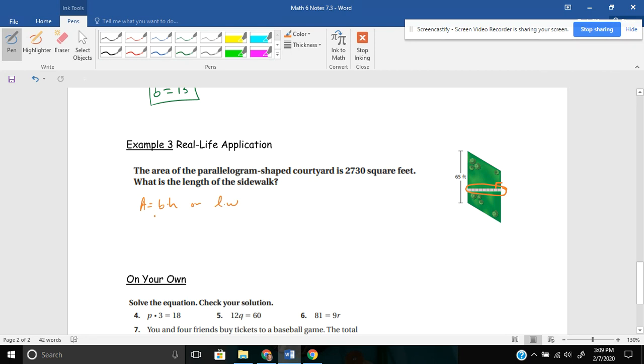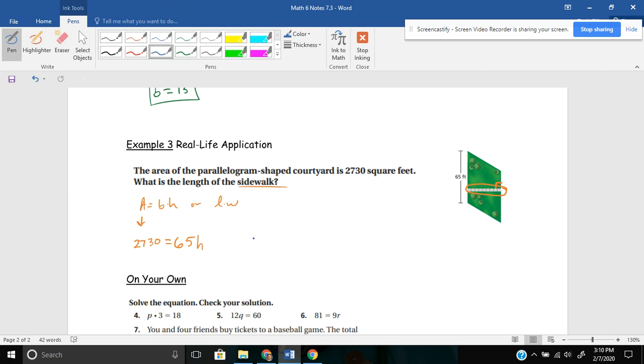I know my area is 2730 equals my base, looks like it's 65, times my height, which I don't know, that's the length of the sidewalk. So I'll put in a variable, h, 65 times h. What is being done to my variable now?